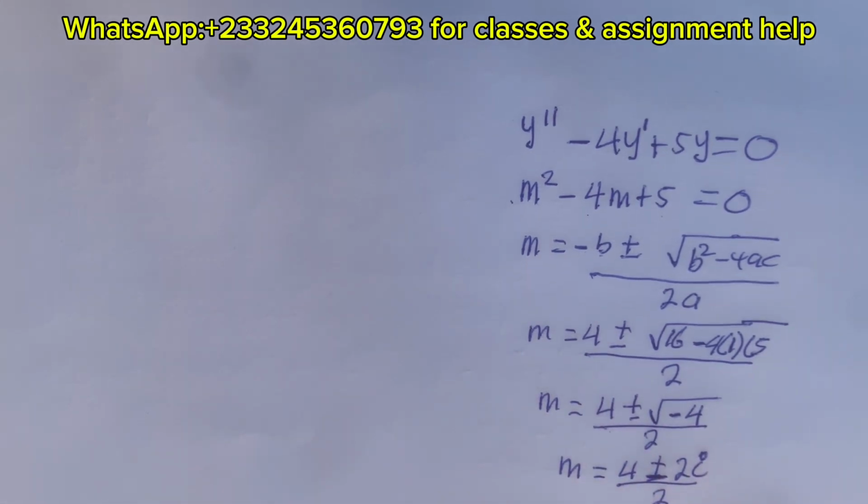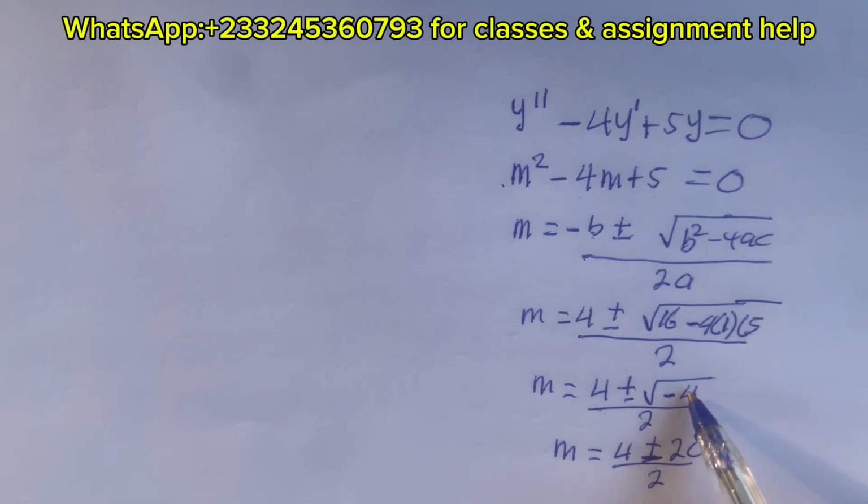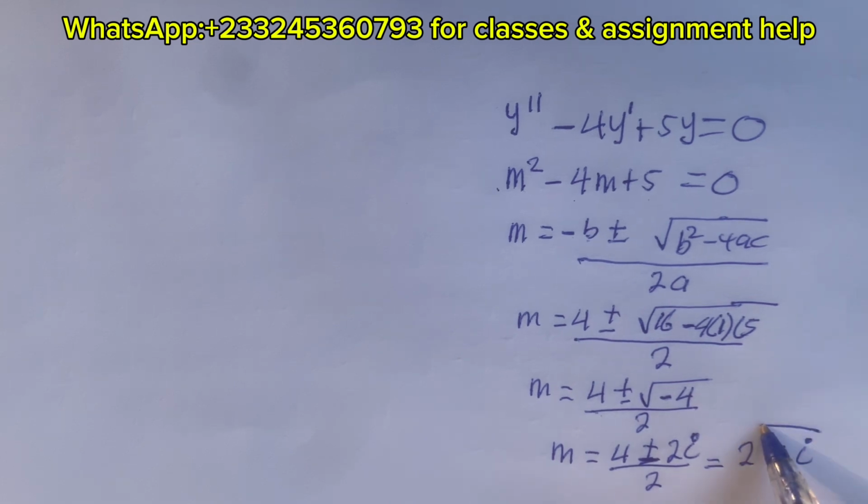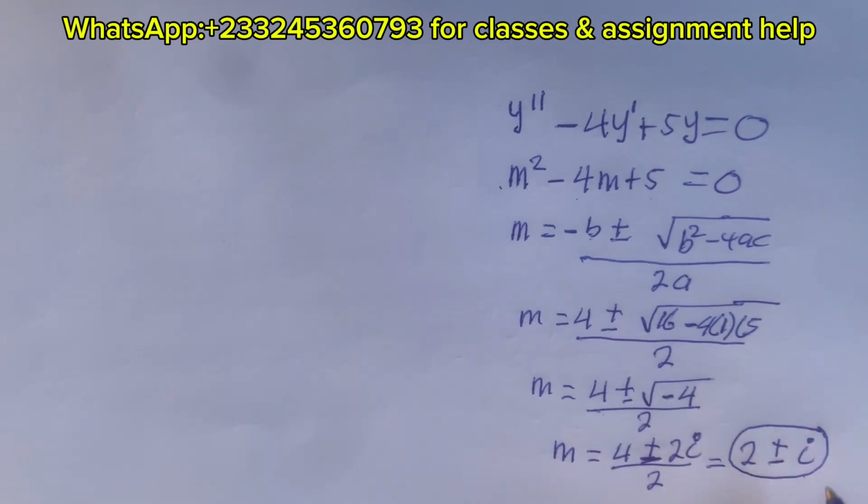Now you have to remember that the square root of negative 4 in the complex world is 2i, which gives m to be equal to 2 plus or minus i, because if you divide 4 by 2, you get 2. If you divide 2 by 2, you get 1, in a very simple way. So you see that the roots that we have here are complex conjugates.